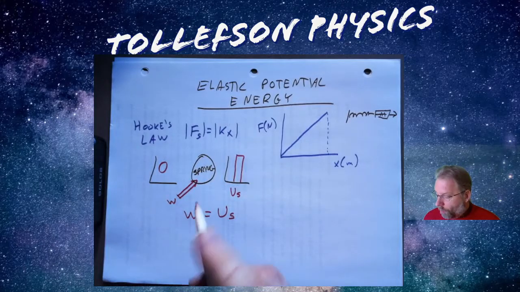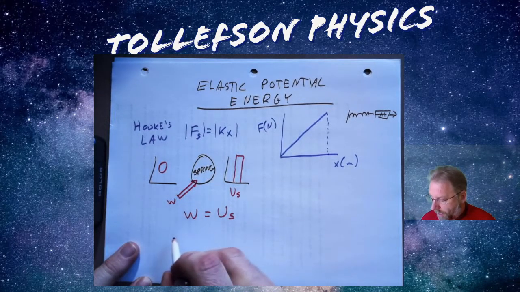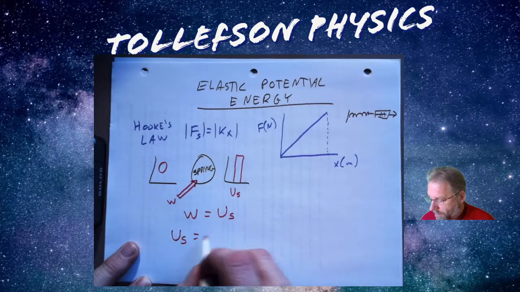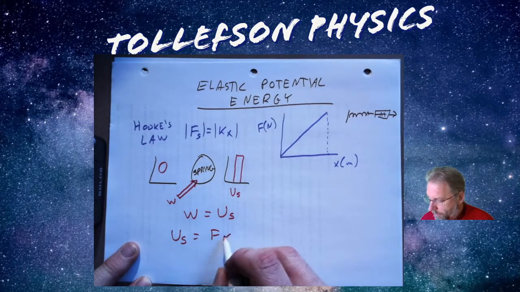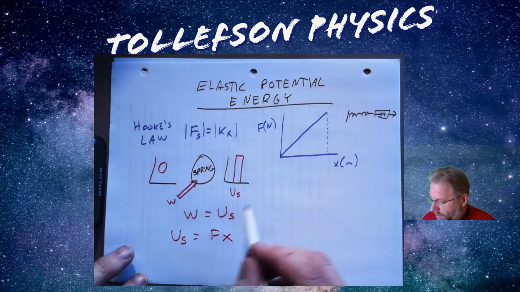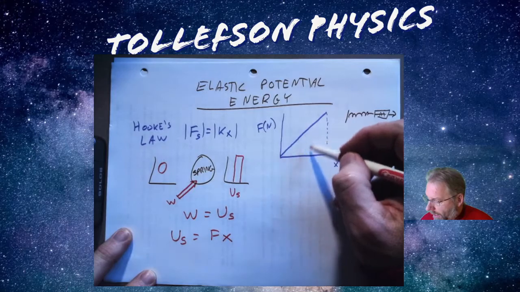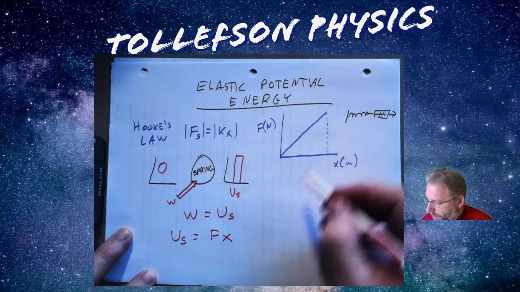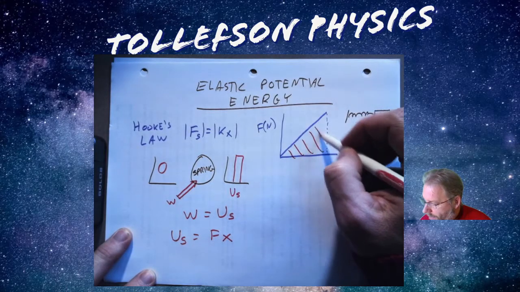And so remember, work is force times the distance. In this case the distance is the stretch of the spring. Okay, so what is the force? Well, it really ends up being this area.